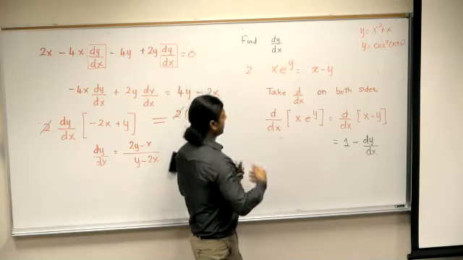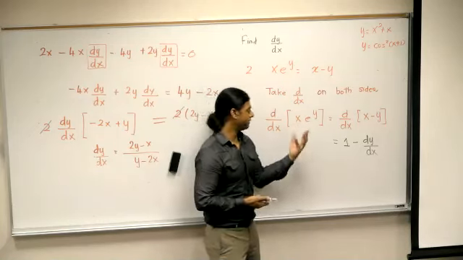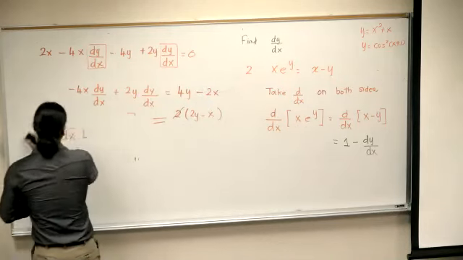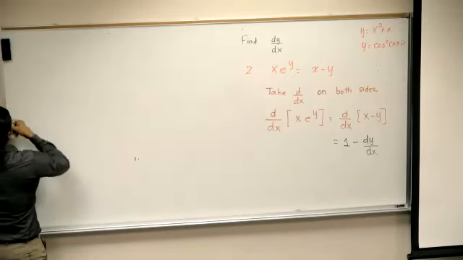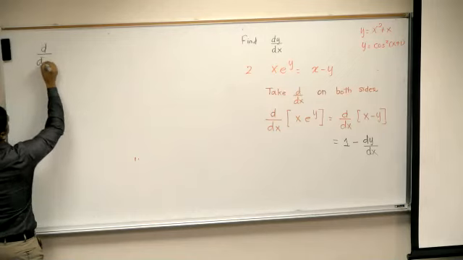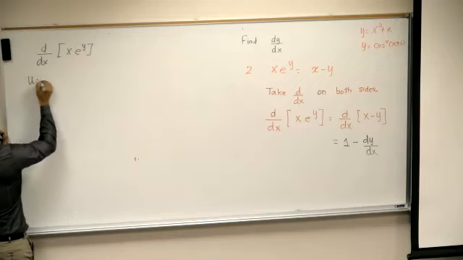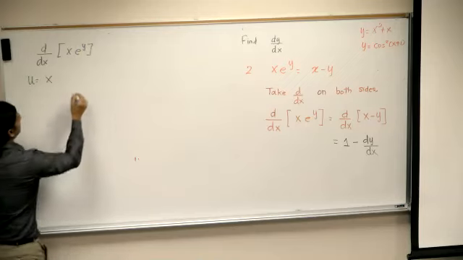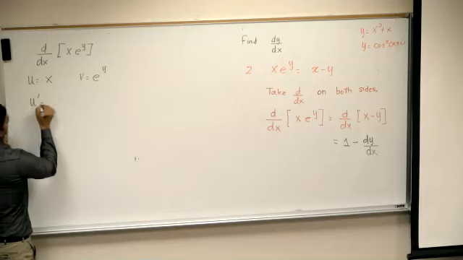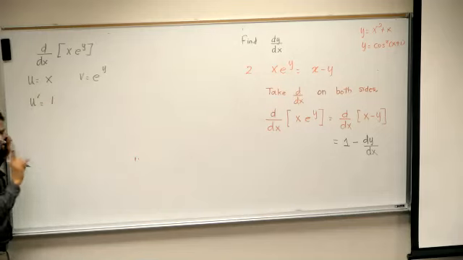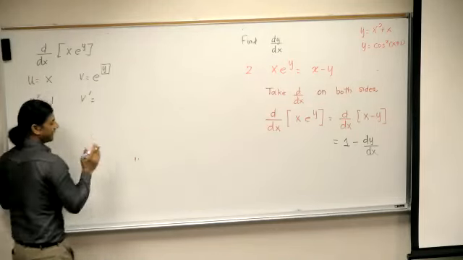On this side, we can't take the derivative directly because things are in product. So we have to use the product rule. u is x, v is e raised y, u prime is 1, v prime, I'm going to treat that as x.